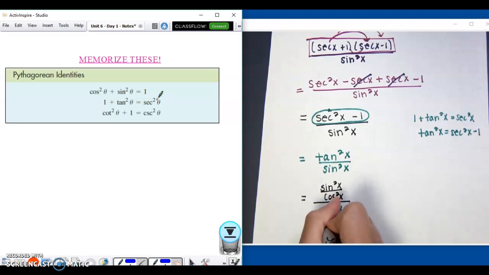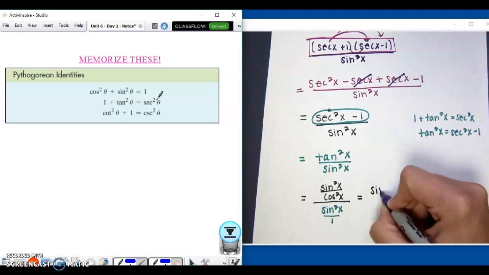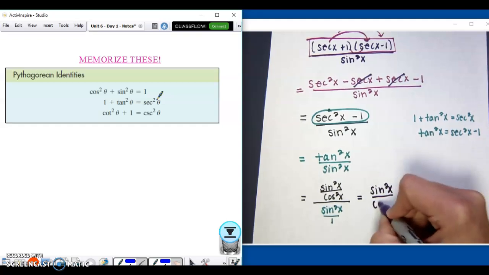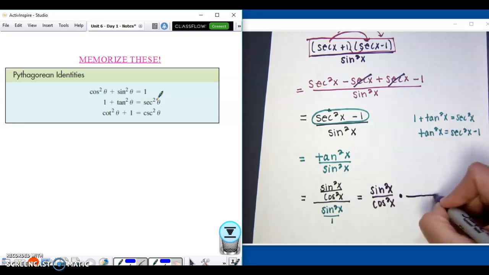If you want to write this as over 1, you can do that, because what we have here is a fraction divided by a fraction. So we're going to do same change flip. We're going to keep the top fraction the same, change the division to multiplication, and then flip the second fraction.